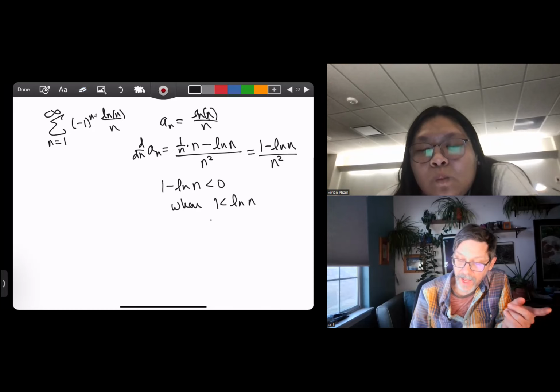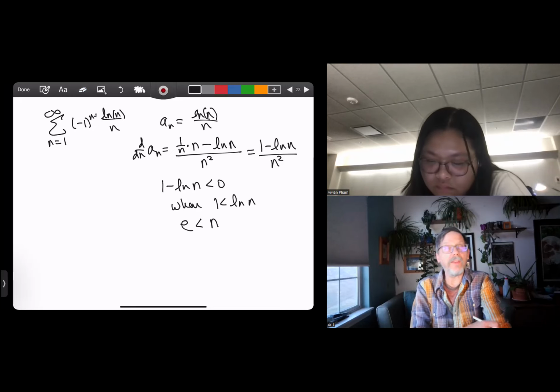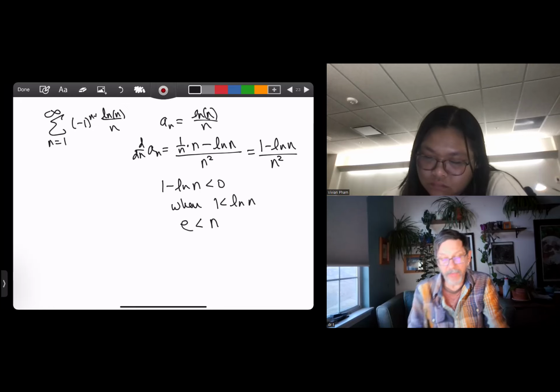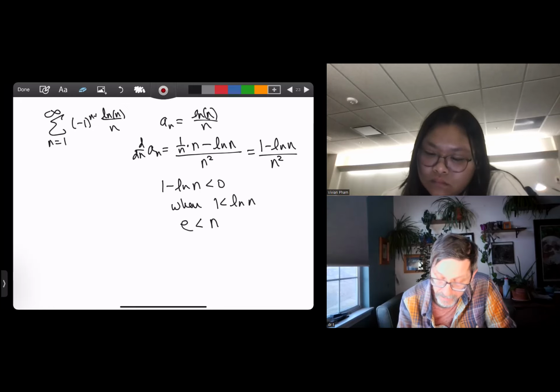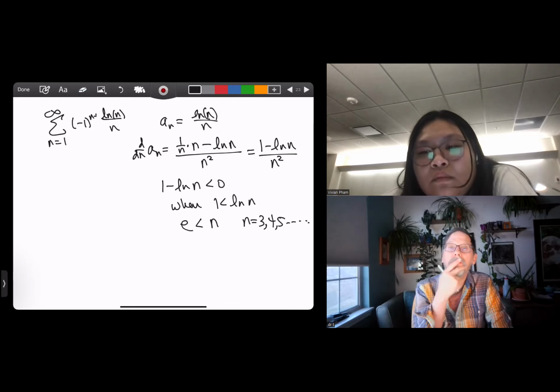And that's going to happen when n is bigger than e, because the natural log of e is 1. All we need to show is that it's eventually negative forever. And we've shown that. So as soon as n is like 3 or more, that quantity is negative. So you're moving down.